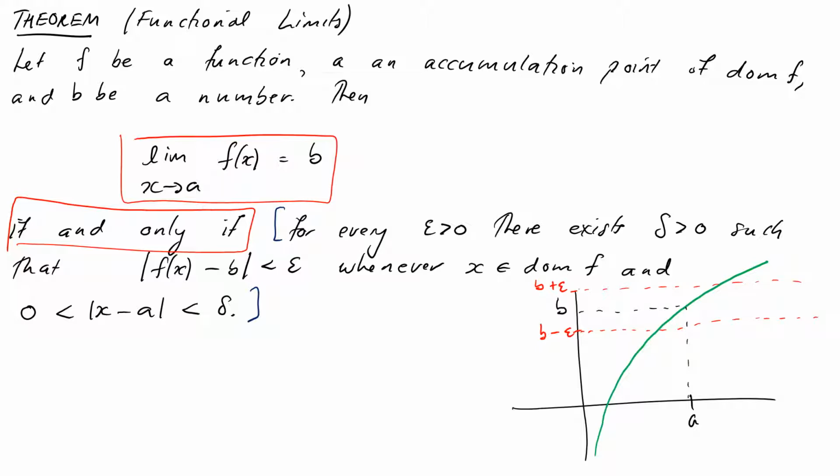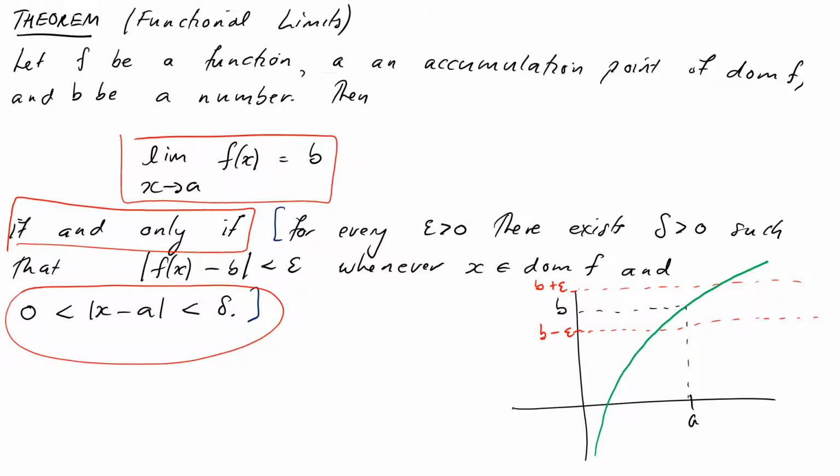Now with our sequences, we then went off as far as we could to the right, finding terms of the sequence that fit within this band. That doesn't work here because obviously we don't have a sequence at this point. But what we want is to make sure that we can find a delta so that this inequality here, let's just circle that one, enforces us to be within this band.